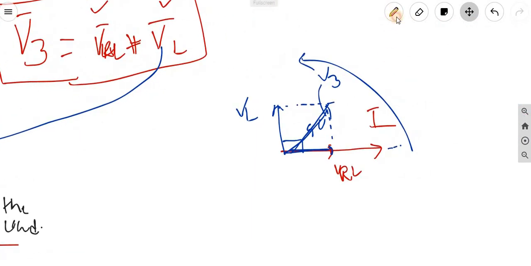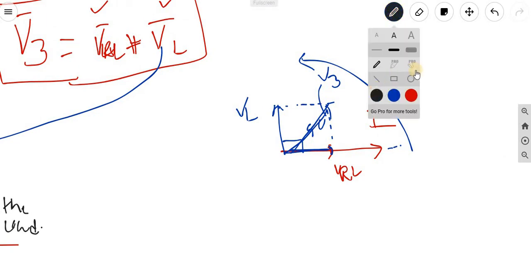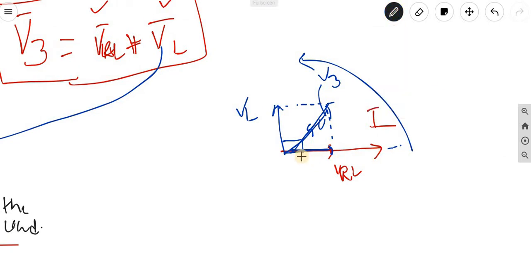I and V2 are in the same phase, and I and VRL are in the same phase, because RL is a resistive element and R is also resistive.